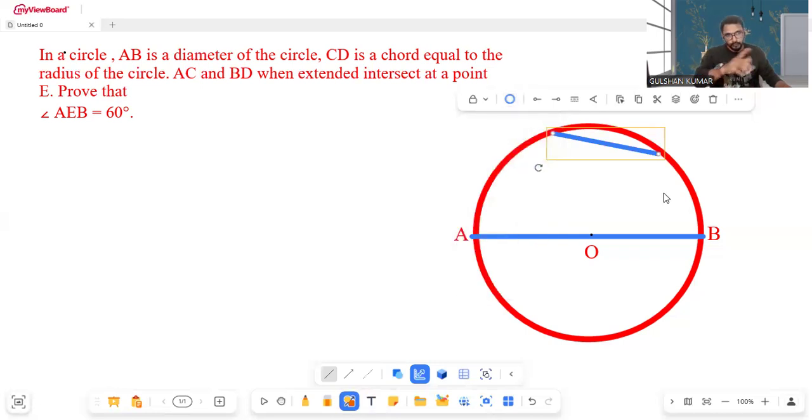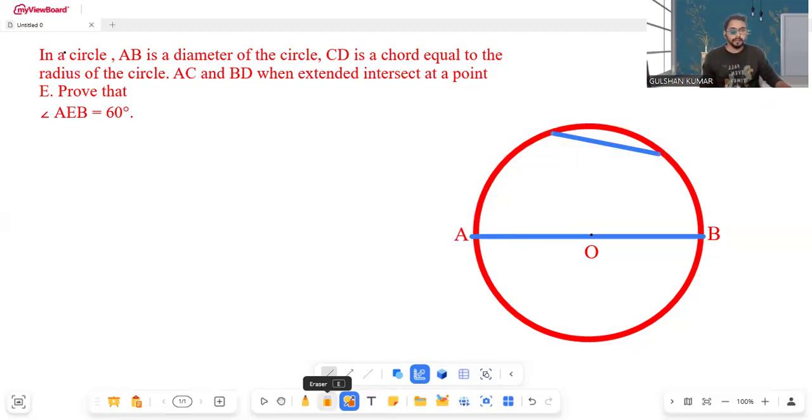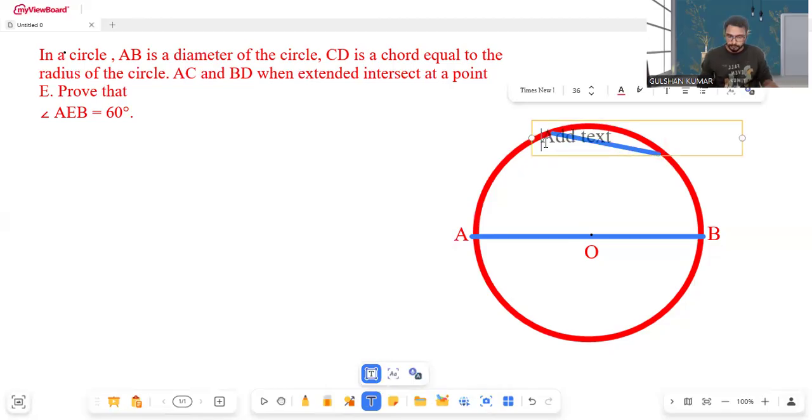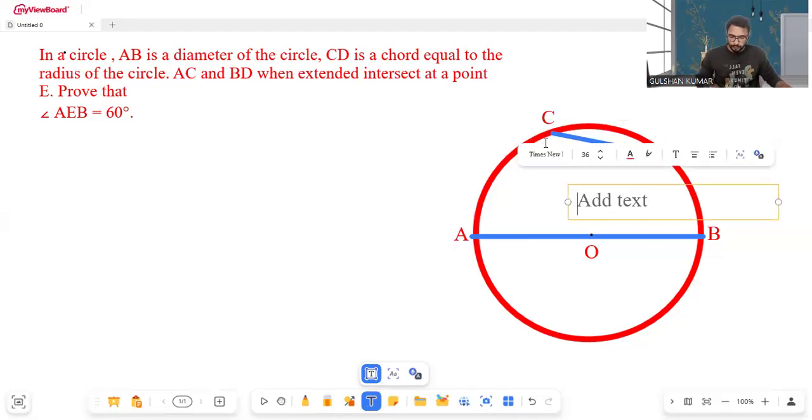So both chords are drawn: the maximum chord, the diameter AB, and another chord with endpoints C and D.